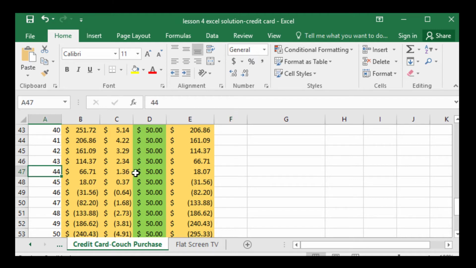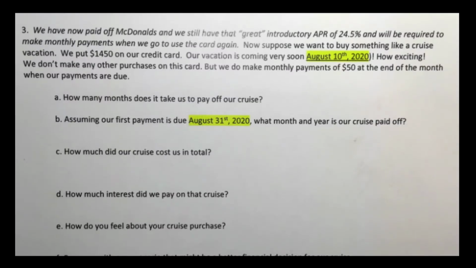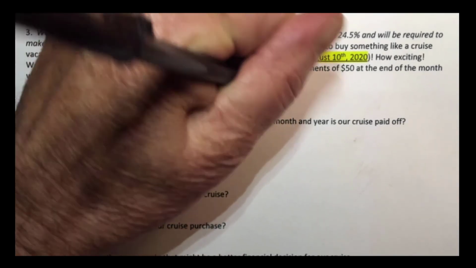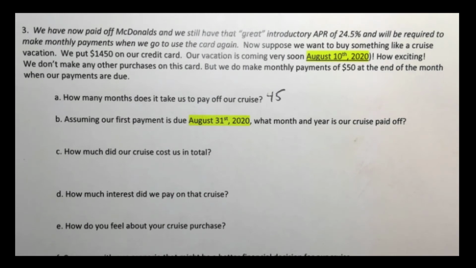Month 44 does not pay it off. You still owe money. Month 45 pays it off. So it takes 45 months to pay this off. So the answer to that, how many months does it take to pay it off? 45 months.